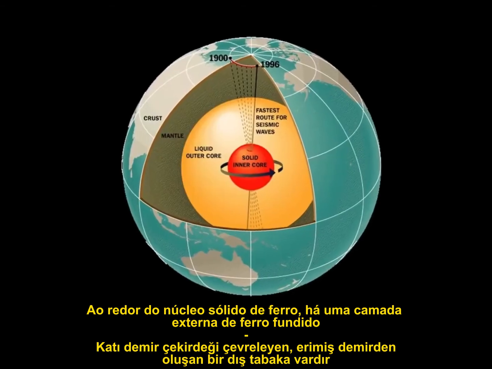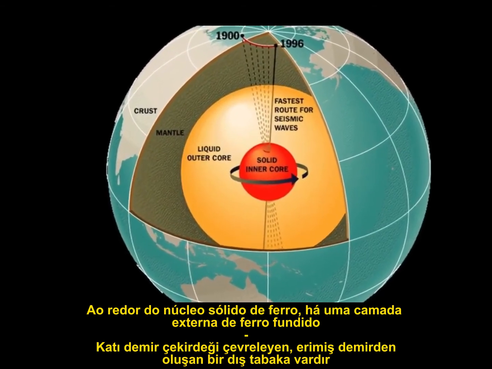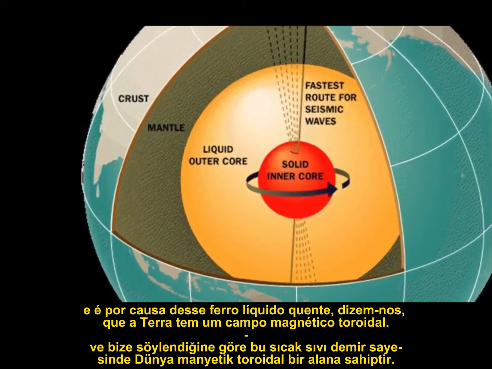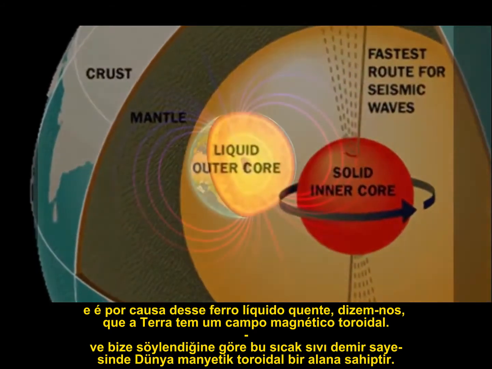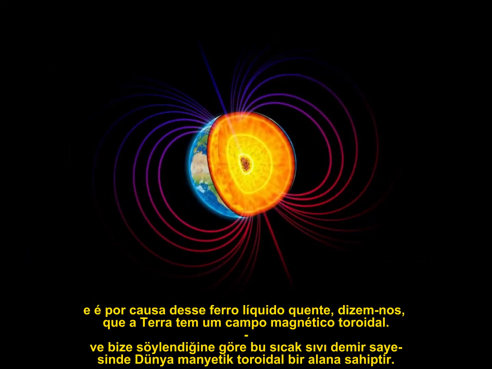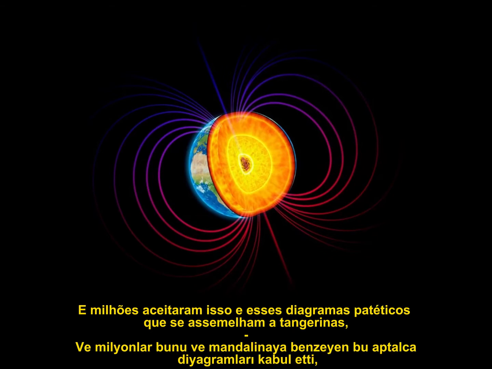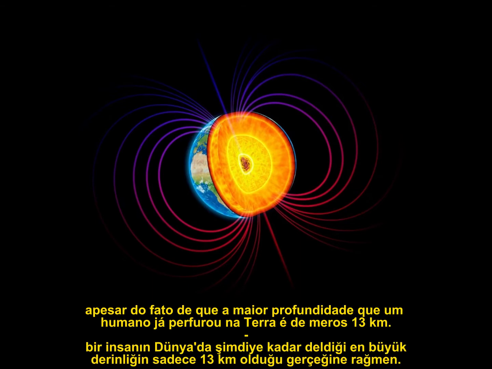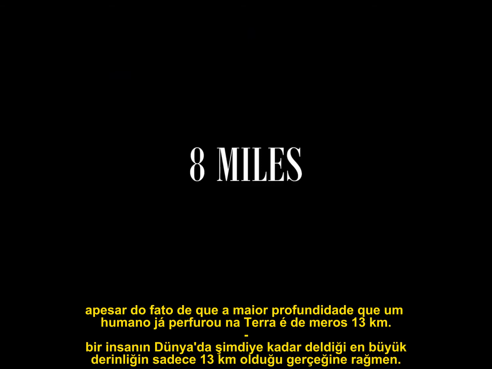Surrounding the iron solid core is an outer layer of molten iron, and it is because of this hot liquid iron, we are told, that the Earth has a magnetic toroidal field. And millions have accepted this, and these silly diagrams that resemble satsumas, despite the hard fact that the furthest depth a human has ever drilled into the Earth is a mere 8 miles.